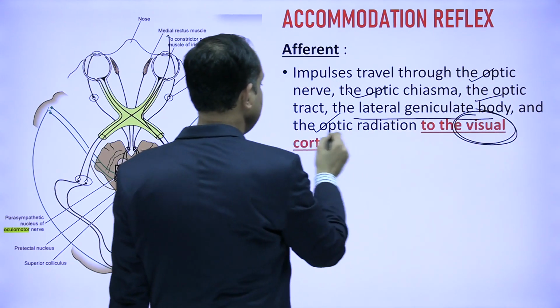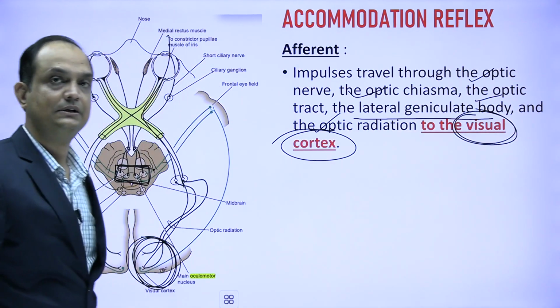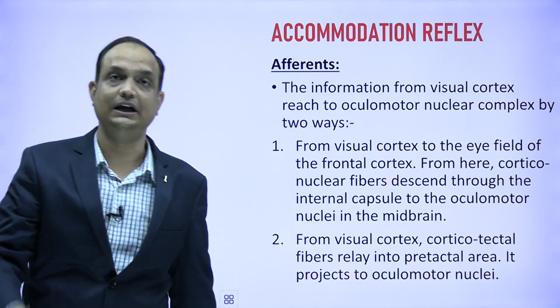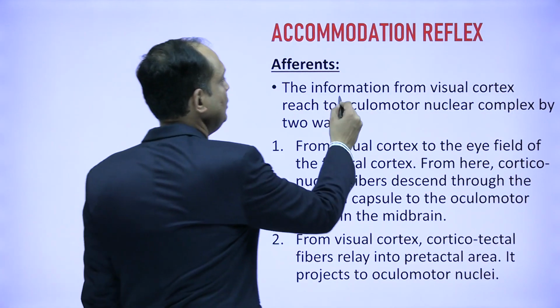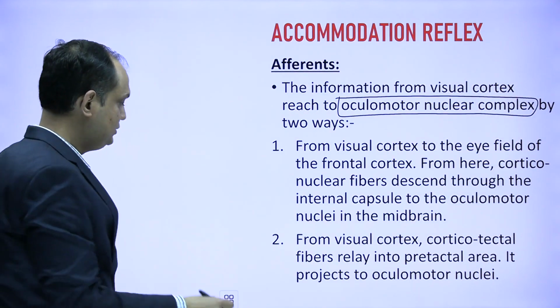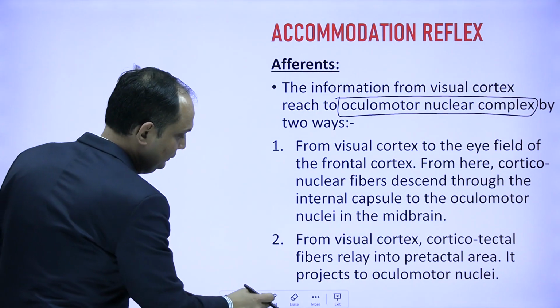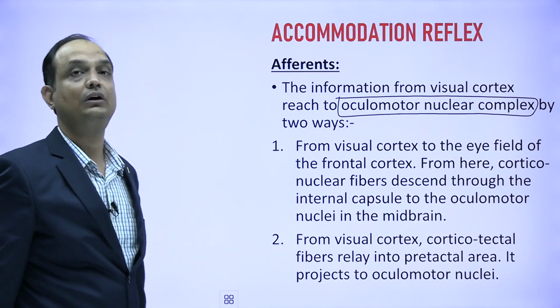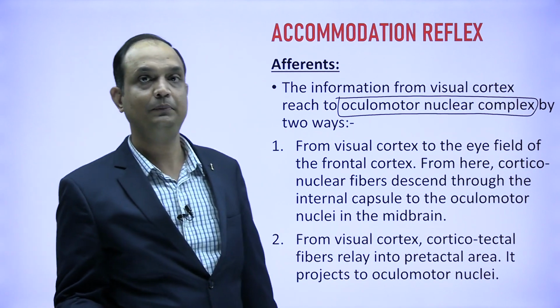Ultimately, they reach the visual cortex. Further, the afferent fibers from the visual cortex approach the oculomotor nuclear complex. So, you have to stimulate the oculomotor nuclear complex at the end, so that you are able to contract the ciliary muscle and sphincter pupillae.